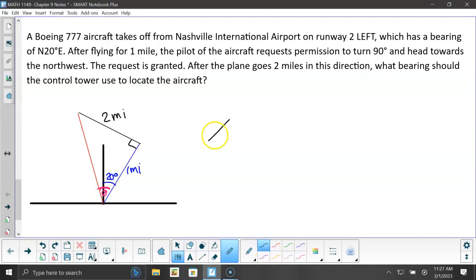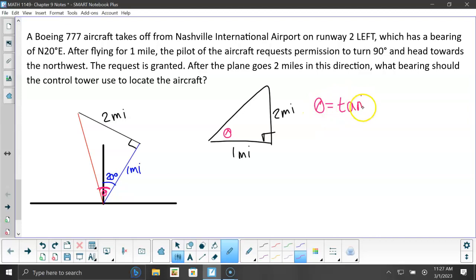I like redrawing it. So, what do you guys want to use? Yeah, I'd use inverse tangent. What was it, like 63?